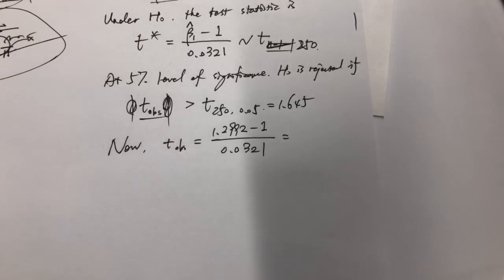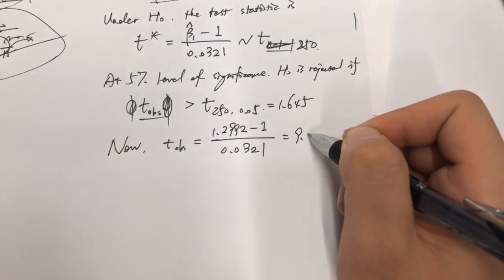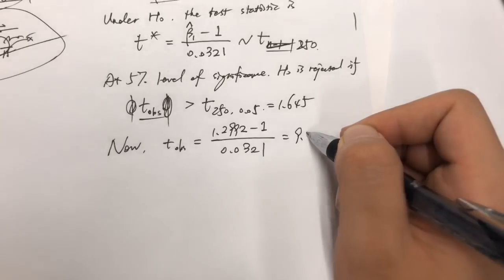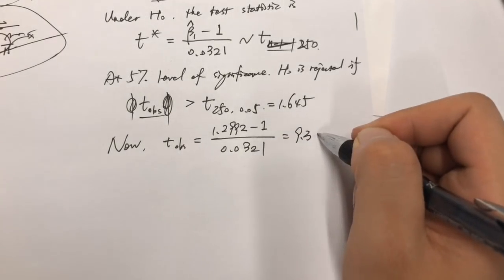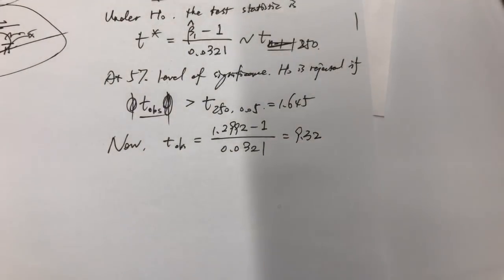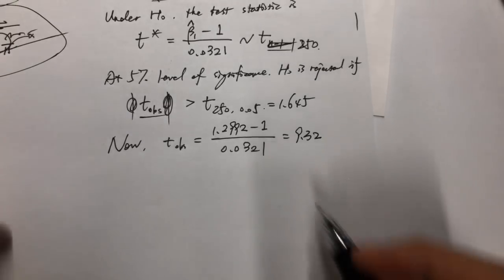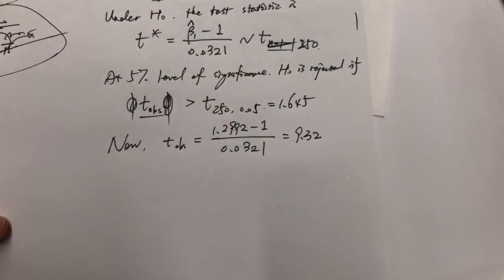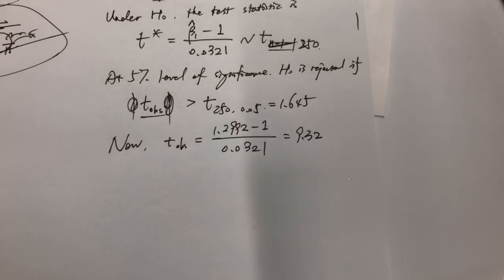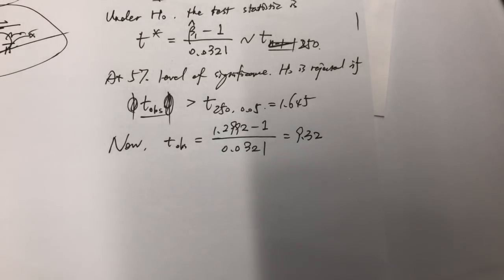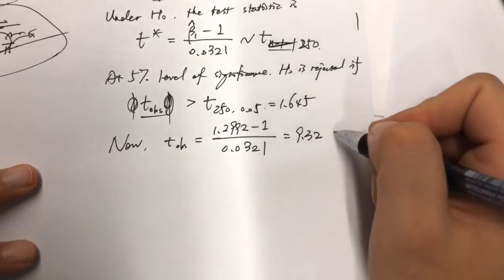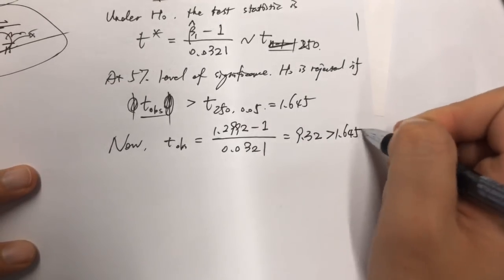Let's see who is faster. 1.2992 minus 1 divided by 0.0321 should be 9 point something, around 9.32, I guess. I don't know if I'm right because my brain is not functioning very well. Great, someone is saying 9.3209. Thank you very much. And it's obviously greater than 1.645.